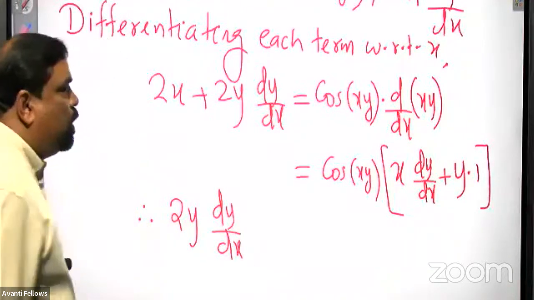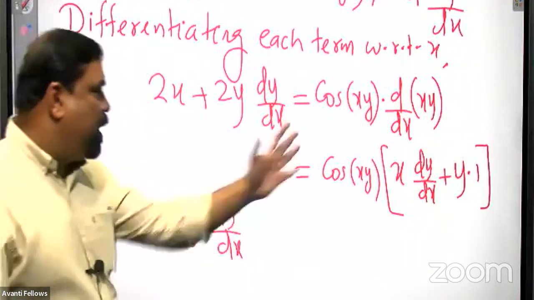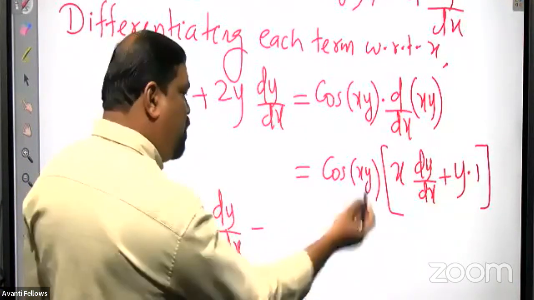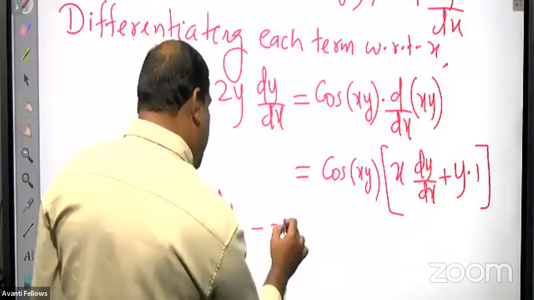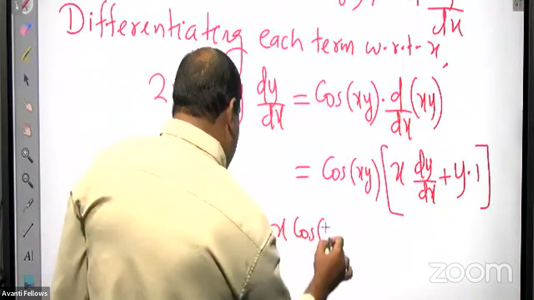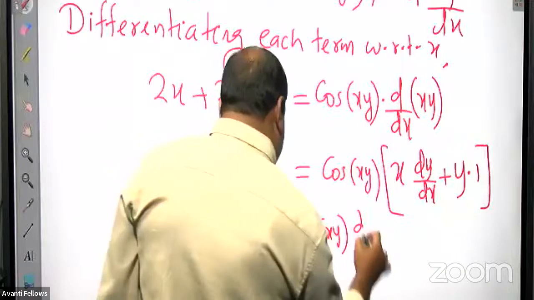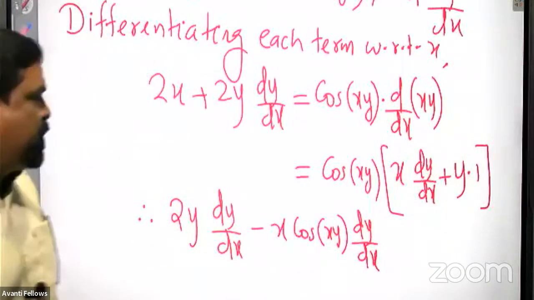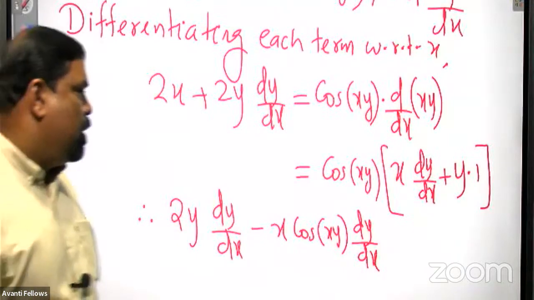From the right side you get x cos of xy into dy by dx.